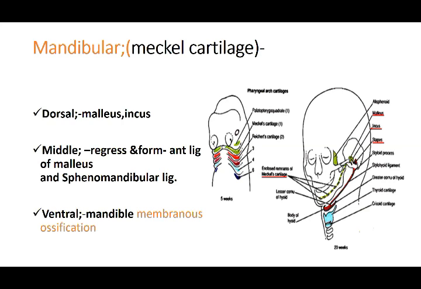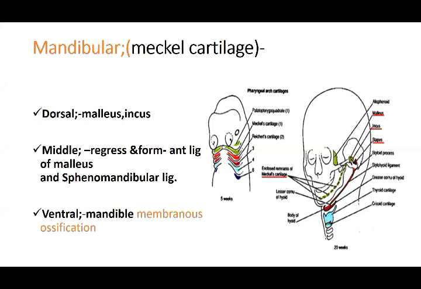Then the middle portion, this dotted part, the cartilage is going to regress, and only the membranous part is going to form the anterior ligament of the malleus that is attached to the ear ossicle, and the sphenomandibular ligament that is attached to the sphenoid process and to the mandible on the lingula on the inside. So the cartilage finishes off in the middle, and it gives rise to the anterior ligament of the malleus and the sphenomandibular ligament.